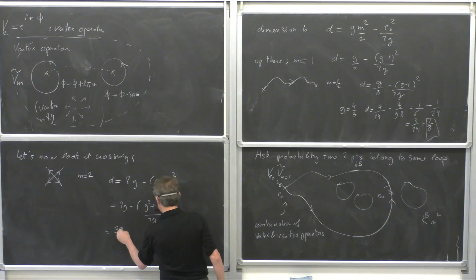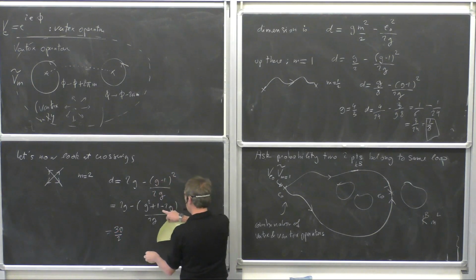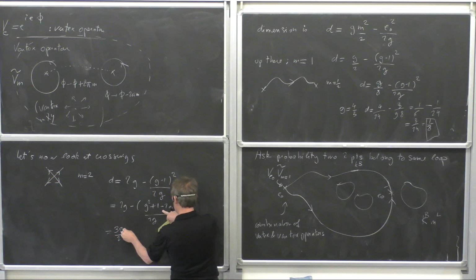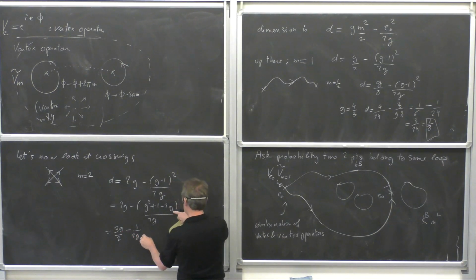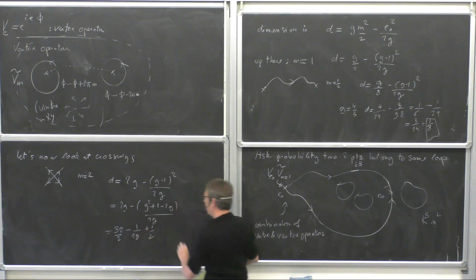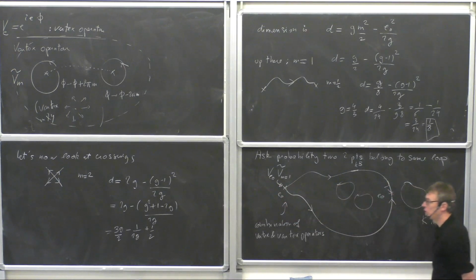That's 3g over 2 minus 1 over 2g plus 1/2. Okay? So that's the dimension of the 4-leg operator.